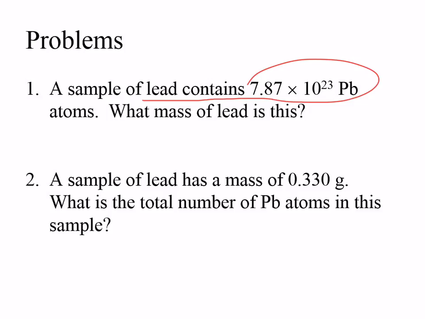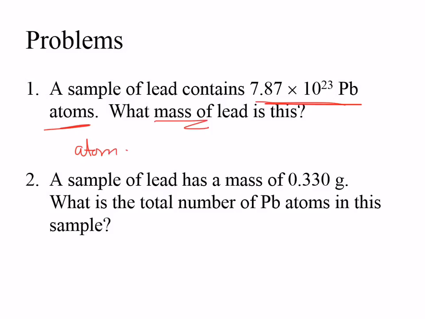That's probably going to be my first term. It contains this many lead atoms, so I'm going to start with atoms. What mass of lead is in this? So I want to get to grams. What mass in grams is that number of lead atoms?